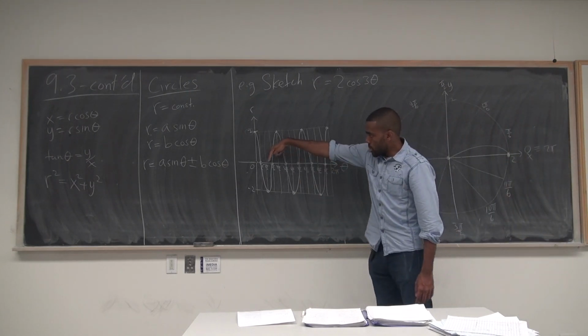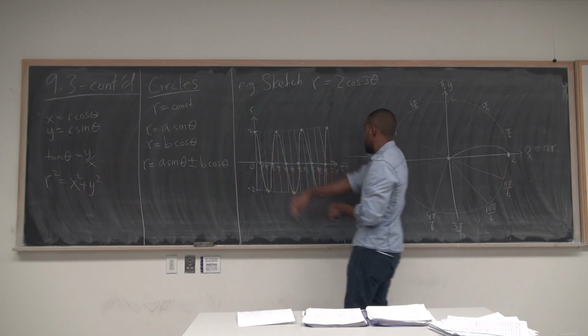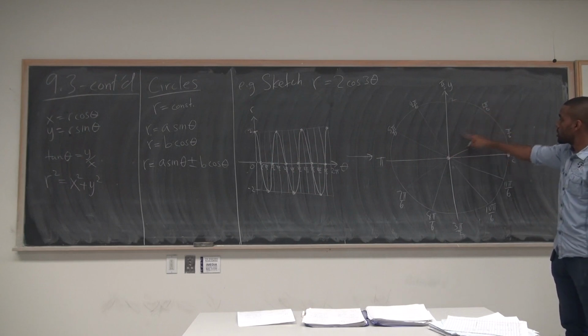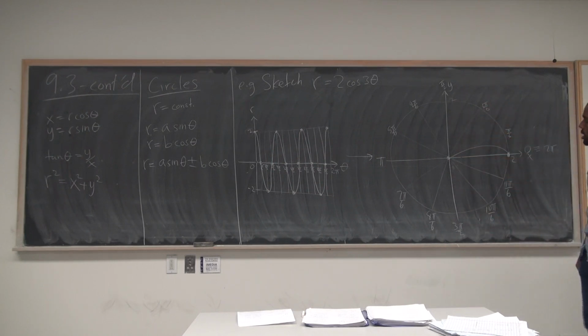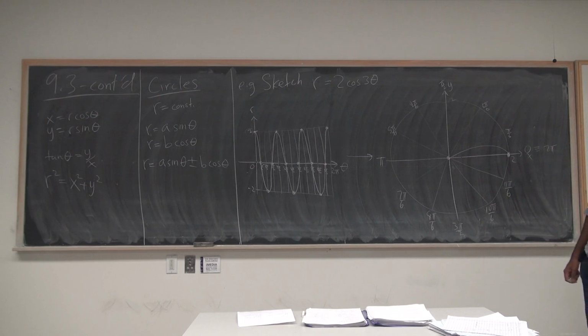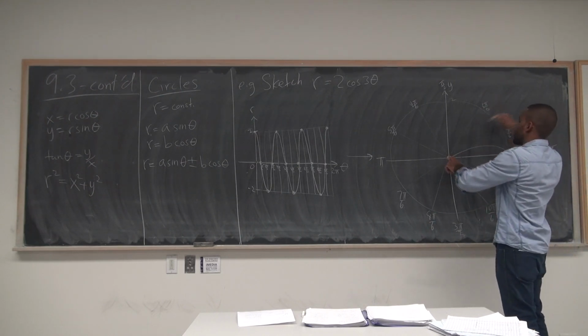From pi over 6, I'm going to move to 2 pi over 6. When I'm at 2 pi over 6, my distance is minus 2, right? So 2 pi over 6 is this angle. So what does my distance of minus 2 mean? Go down to quadrant 3. I don't go towards 2 pi over 6, I go in the opposite direction.